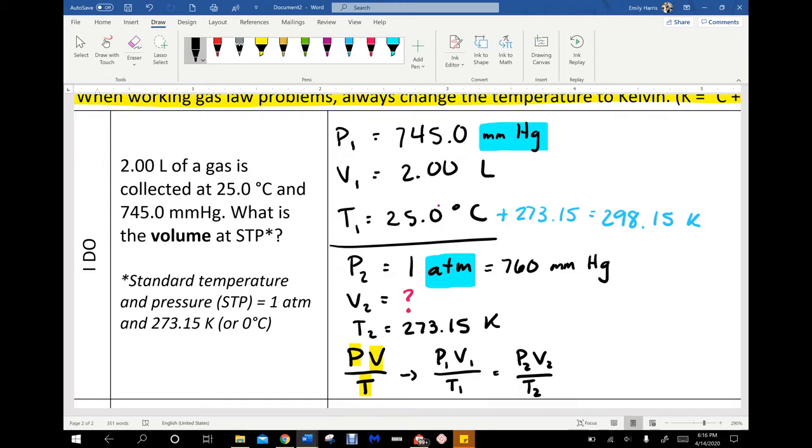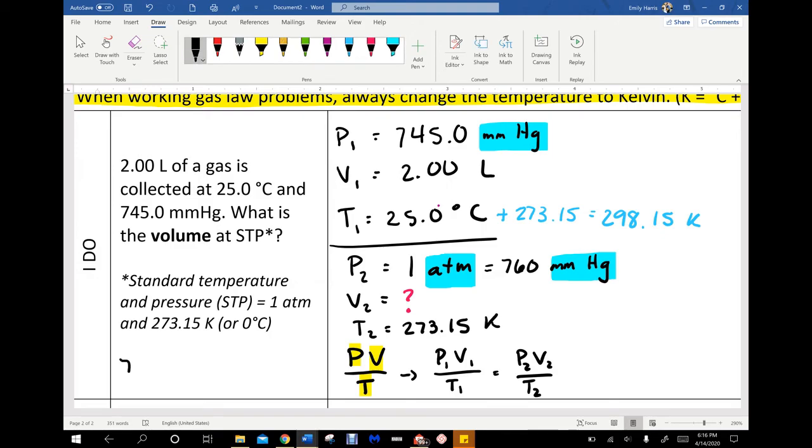And so what needs to happen is we need to have both of those in the same unit before we solve. So instead of plugging in 1 atmosphere for the second pressure, we're going to use 760 millimeters of mercury.